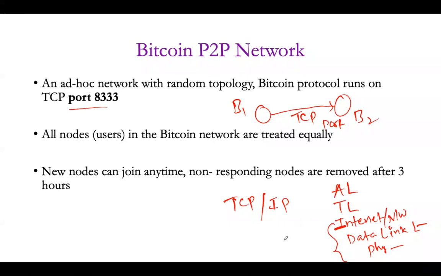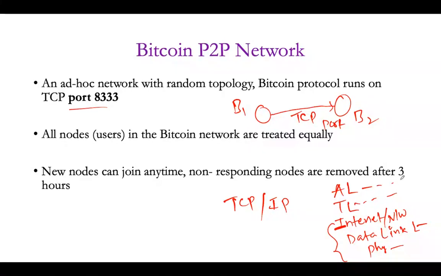These layers are connected physically to each other in a peer-to-peer network. But the upper layers, the TCP layer and the application layer, we say they connect logically to each other. Logically connects to each other means if the sender is using FTP, suppose, the receiver also uses FTP.